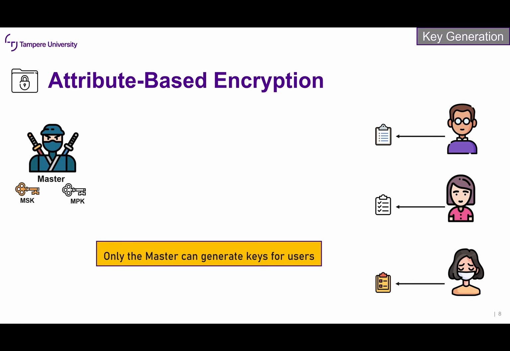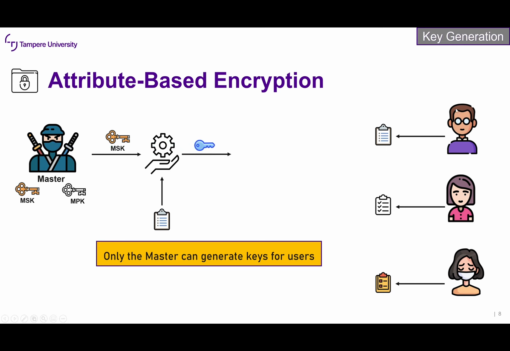Now, these attributes, as I mentioned earlier, can be age, gender, work, the town where they live, and so on and so forth. It can be basically anything, right? Now, the master authority needs to use its master secret key, MSK, along with the list of attributes for each user in order to generate user keys.